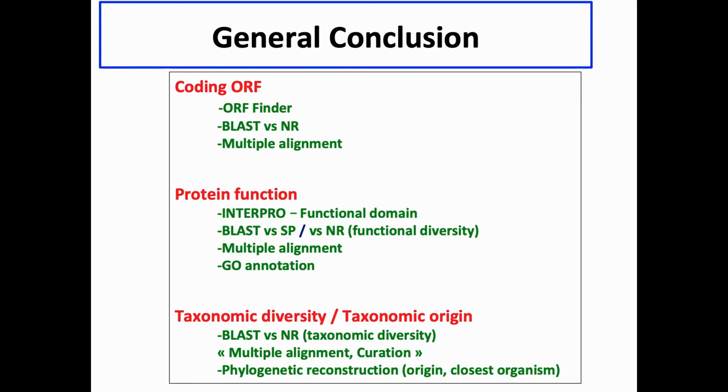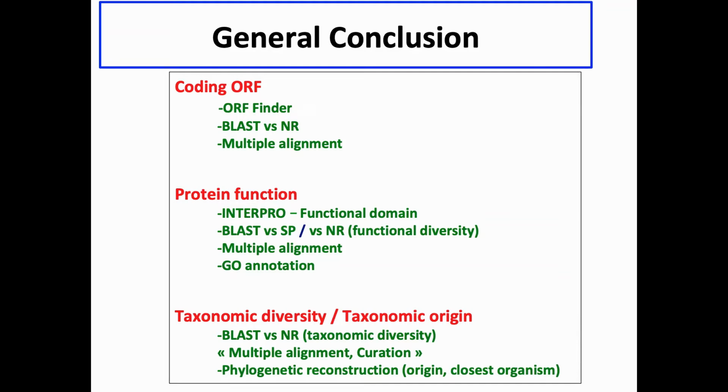From protein function, you have InterPro domain search to get the functional domains, then BLAST against SwissProt, and BLAST also against NR. But in this case, in the functional diversity, you have the multiple alignment to get the conserved sites and the conserved amino acids in your protein, and then the gene ontology annotation.